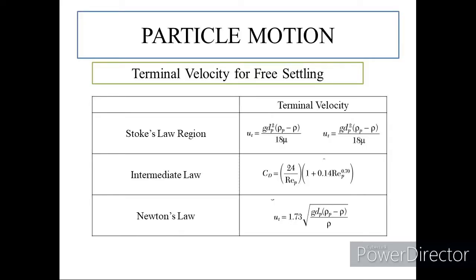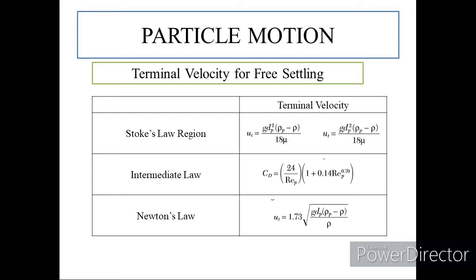Now, if we already have the value of K, we can determine the formula or the region that we will be using in solving for our terminal velocity, whether it is the Stokes law region, intermediate law, or the Newton's law. So, depende sa value ng K natin kung ano yung gagamiting formula to get your terminal velocity.